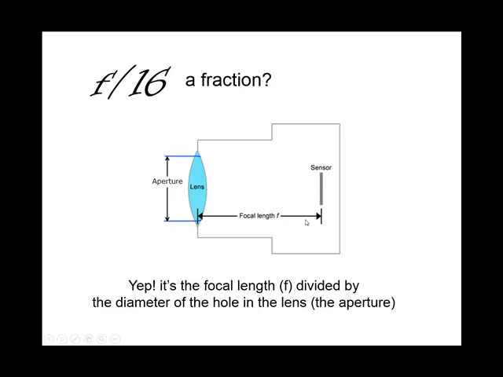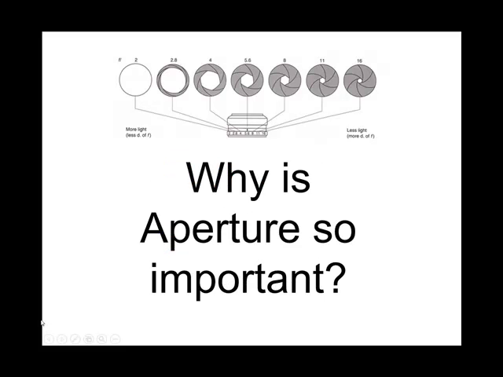Okay, so you divide the hole in your lens diameter into the focal length. That gives you whether it's f16 or f2.8. If it goes in 2.8 times, for instance, it's f2.8. It goes in 11 times, it's f11. Pretty easy to understand it when you think of it as a fraction, but that explains why the smaller the hole, the larger the number.